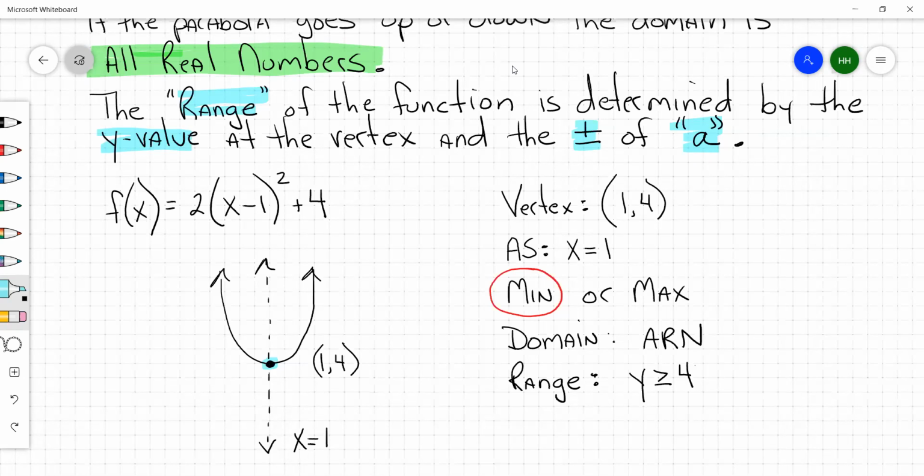When the function has a minimum, your range will be y greater than or equal to the y value at the vertex. That number will be the same as this number. If the graph goes up, this will be greater than or equal to.